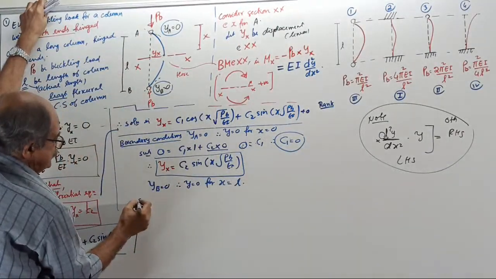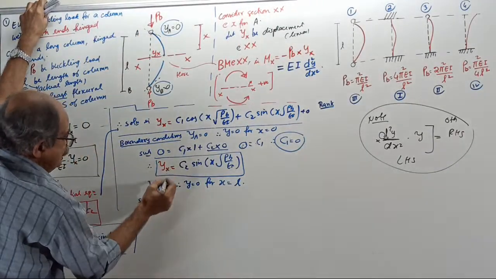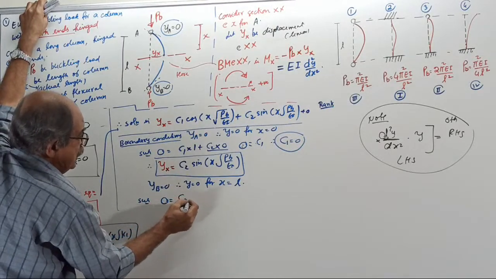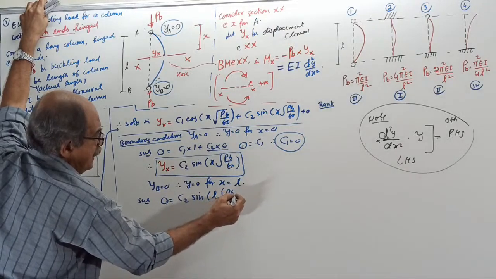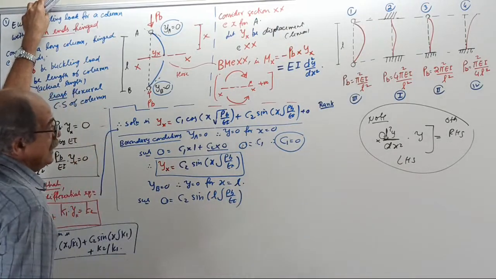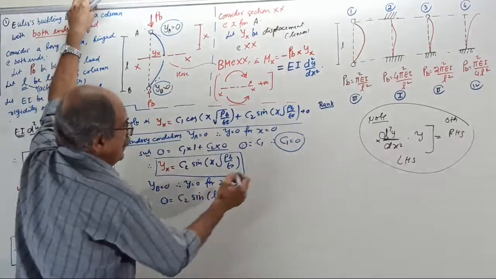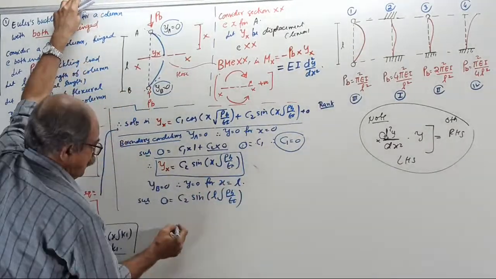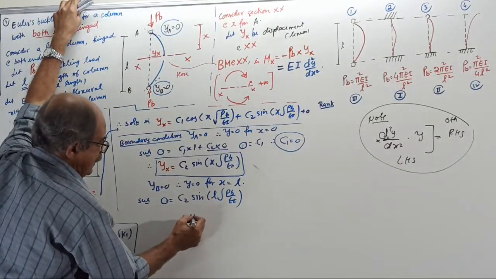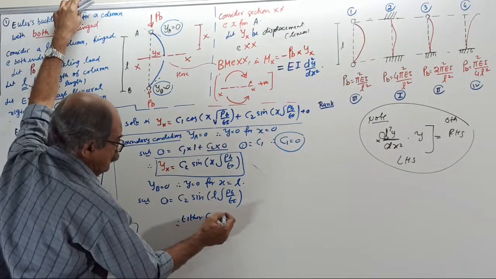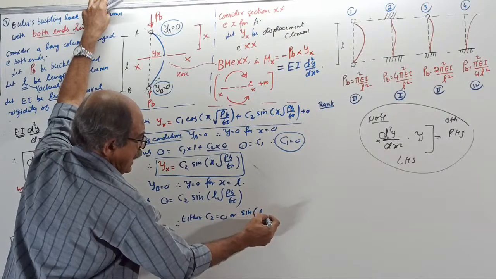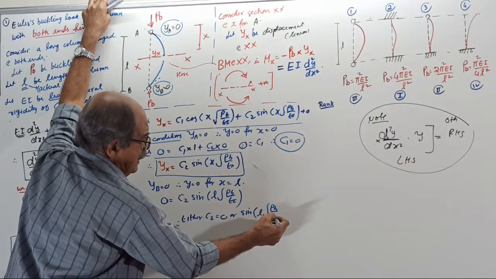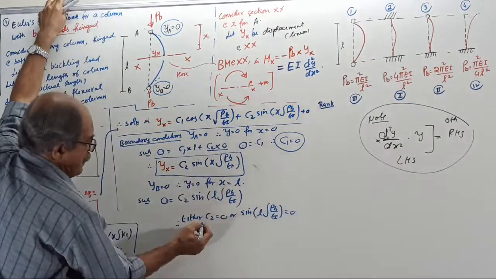Substituting, 0 equals C2 into sine of L root(PB by EI). Now, very important. Therefore, either C2 equals 0 or sine of L root(PB by EI) equals 0.